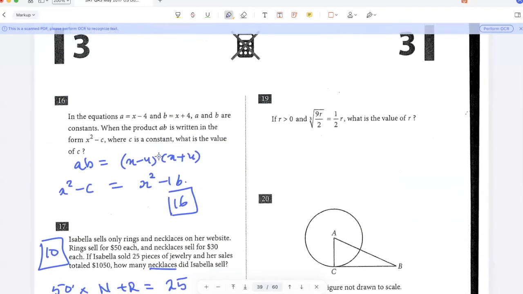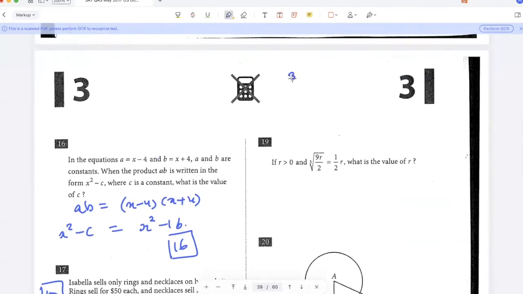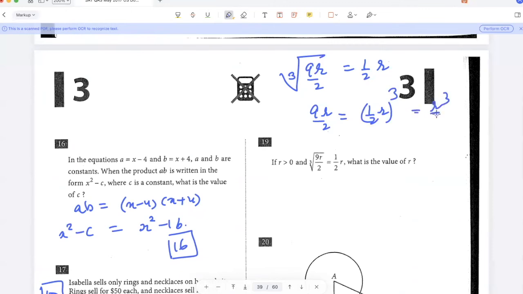Okay. If R is greater than 0 and the third root of 9R by 2 is 1 by 2R, what is the value of R? So let me raise both sides to the third power. So 9R by 2 is (1 by 2R) the whole cube, which is R cubed by 8.